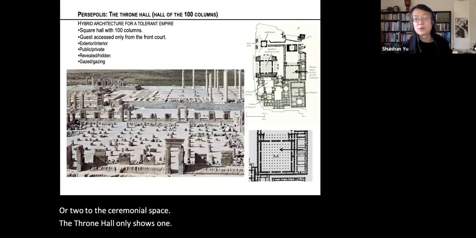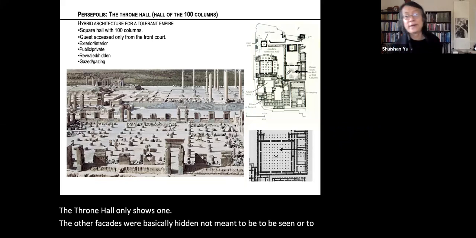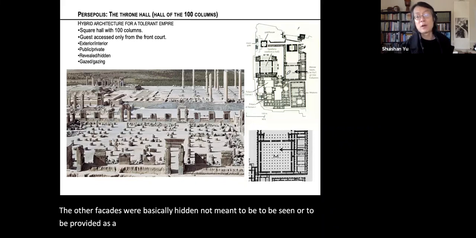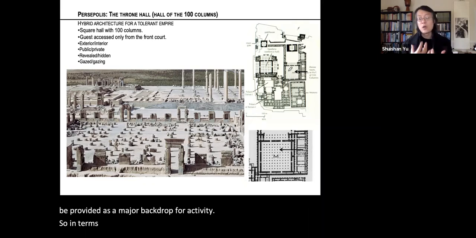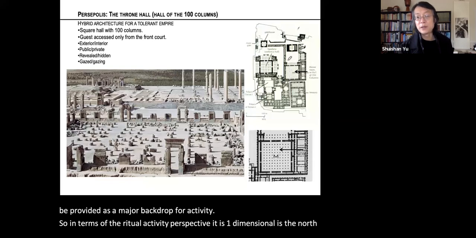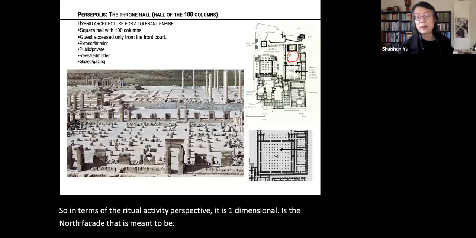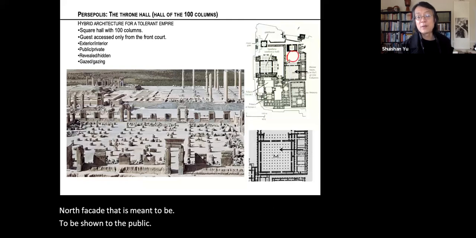The other facades were basically hidden, not meant to be seen or to provide a major backdrop for activity. So in terms of ritual activity, it is one-dimensional. It's the north facade that is meant to be shown to the public, to provide a monumental backdrop for ceremonial activity.